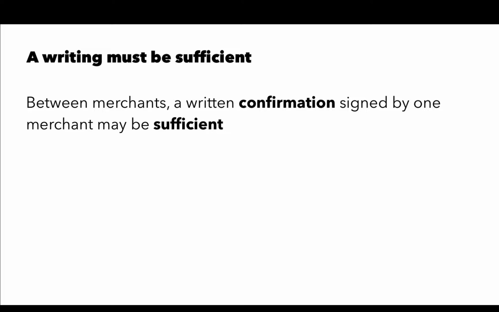And then the other party would write a letter of confirmation saying, "This will confirm our agreement." Well, if it involves two merchants, a written confirmation signed by one merchant may be a sufficient writing.